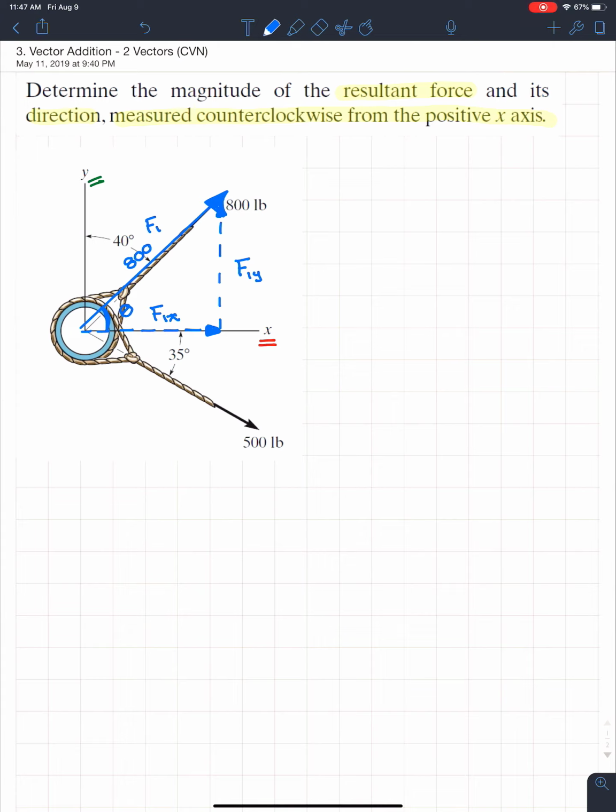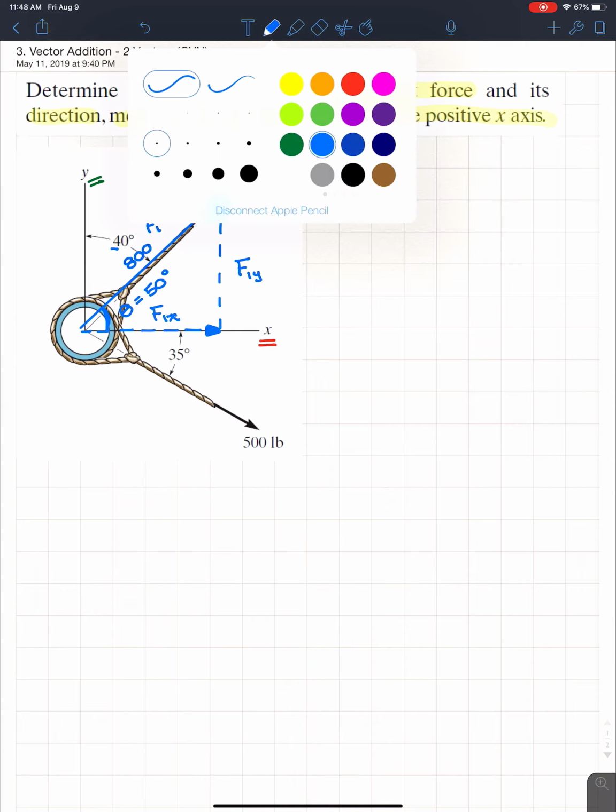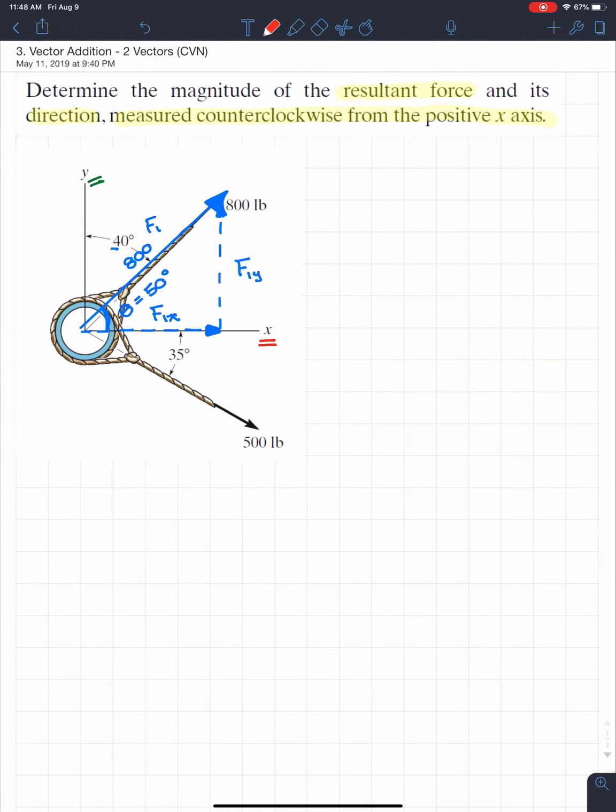All right, so let's just start with the theta real quick. Since this is 40 degrees, we know that the angle here is going to be 50 degrees. And I know you all know that, 90 minus 40. However, if you wanted, and this doesn't matter, it's completely up to you, I always like to have the angle with the horizontal axis.